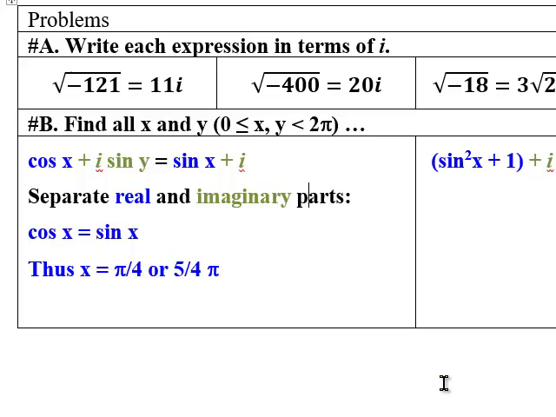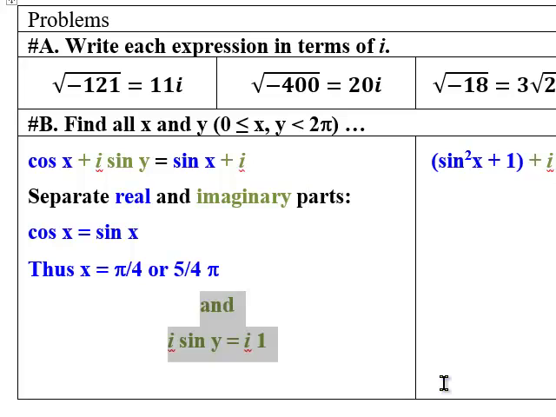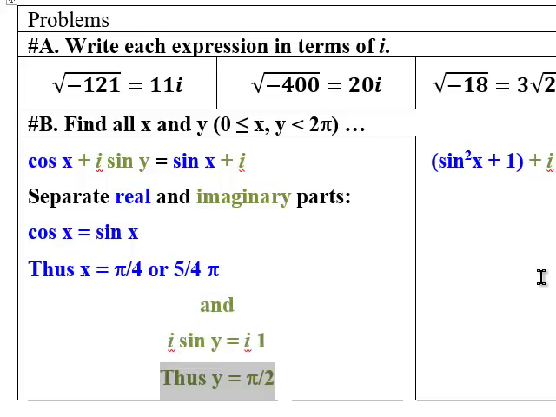And then we're going to look at the y. So that's going to be i times sine y equals i times 1. I put the 1 there in order to show that that actually is simply sine y equals 1, which is 90 degrees. So it's pi over 2. There it is.